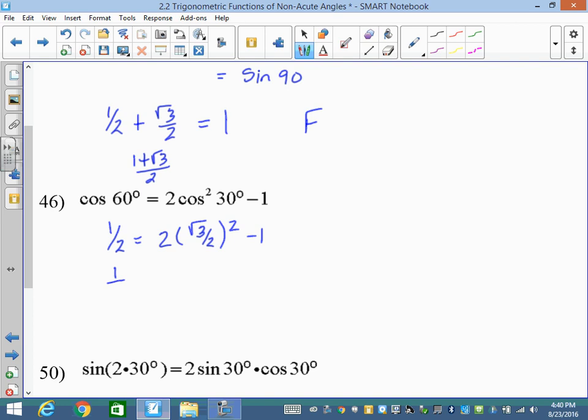So 1/2 equals 2 times, square this, the radical cancels the square, so we're left with 3, and 2 squared is 4, minus 1. So 2 times 3 fourths. Really, the 2 is going to cancel with the 4, and you're going to get 3/2 minus 1. And 1/2 equals 3/2 minus 1, which is 1/2. This one is a true statement.